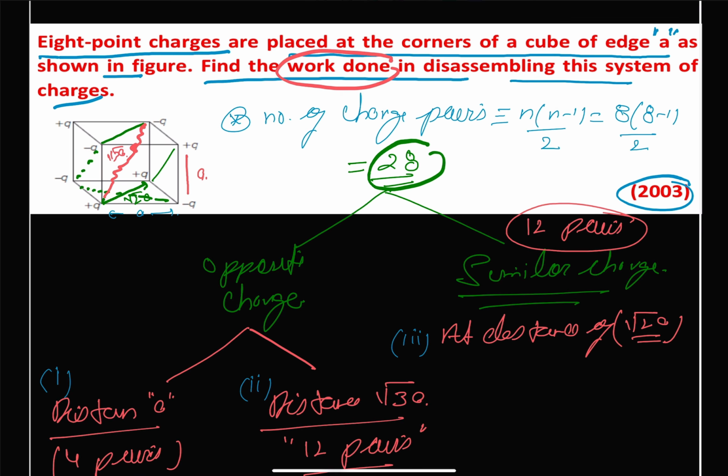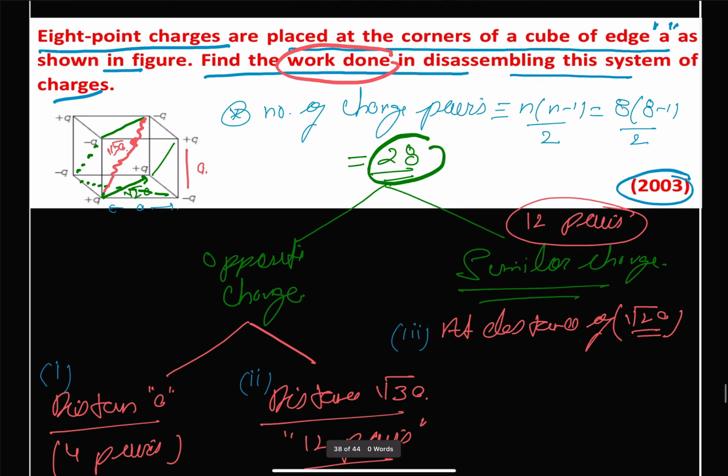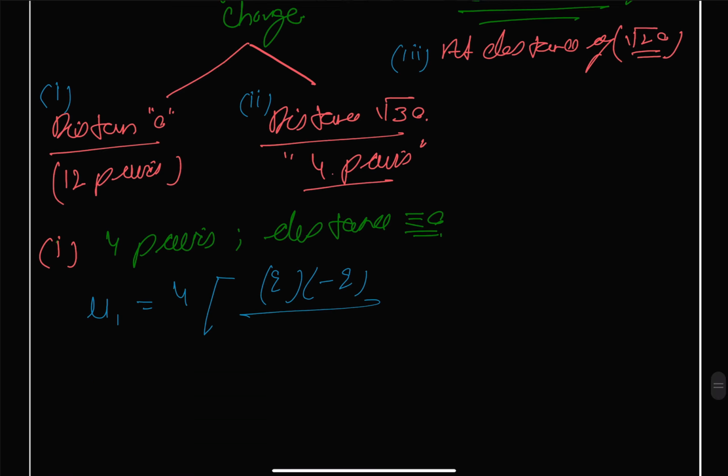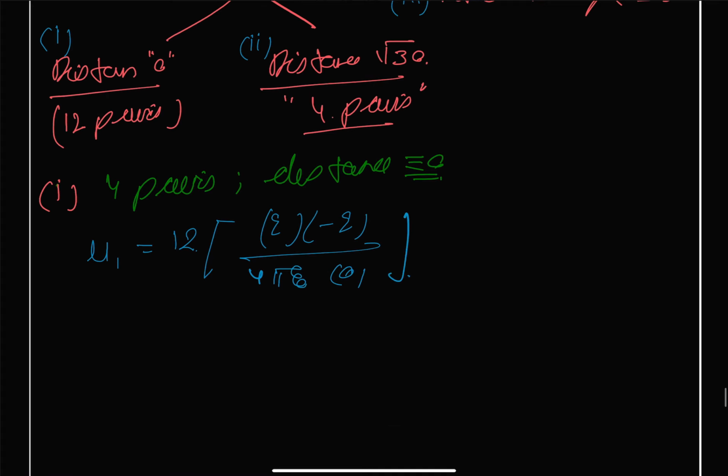This is 1 pair, 2 pair, 3 pair and 4 pair. 1, 2, 3, 4, 5, 6. Okay, it has to be 12. This is 12 and this is 4. So we get this as 12, at a distance A, and this is 12 pairs.